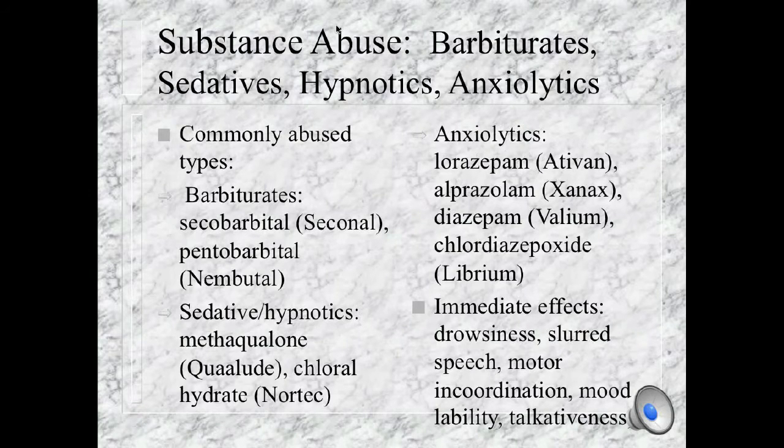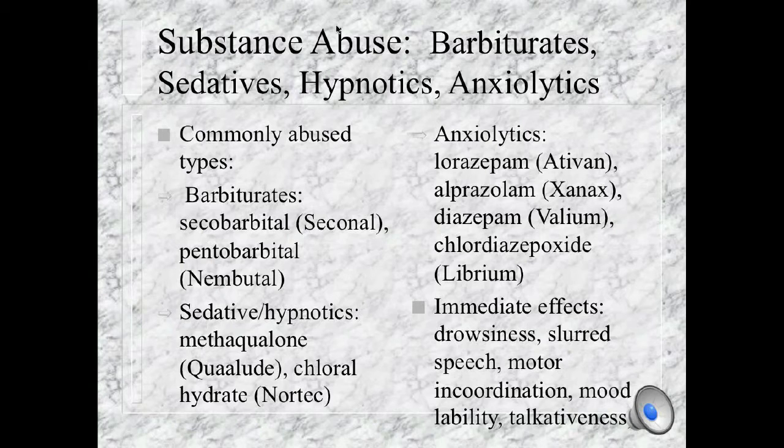We went through this. So now we're talking about barbiturates. Barbiturates are considered central nervous system depressants. So it really depresses the central nervous system. Think about the immediate effects of that particular substance: a slowing down of responses.